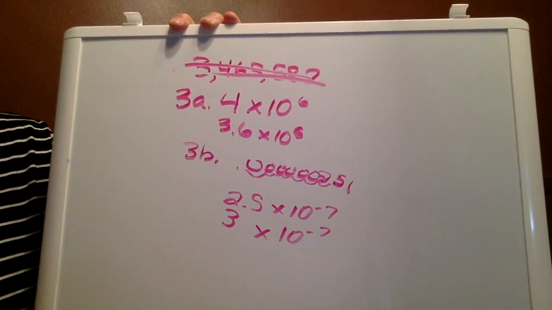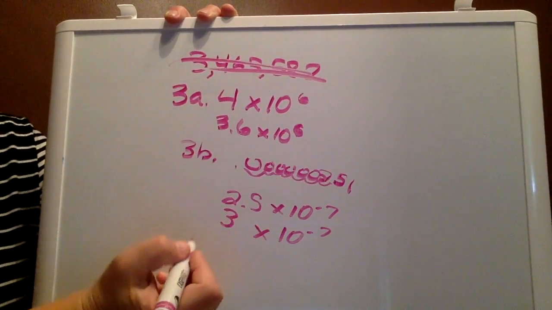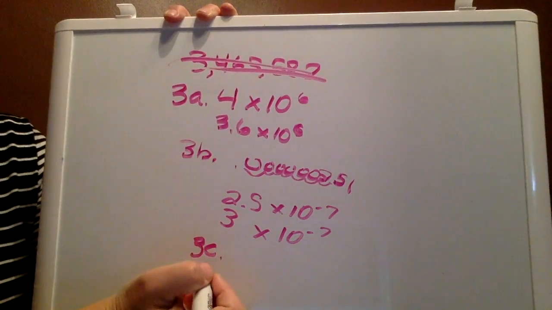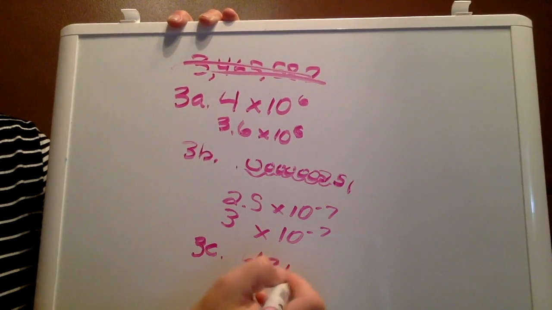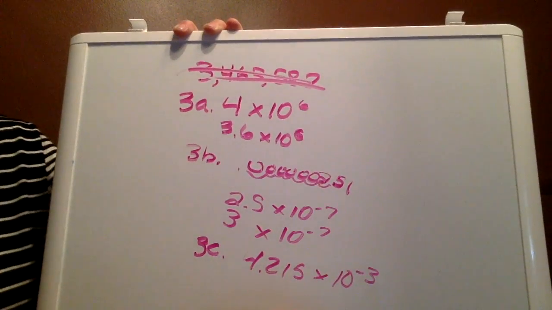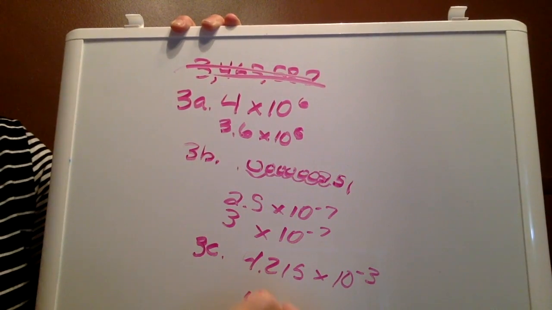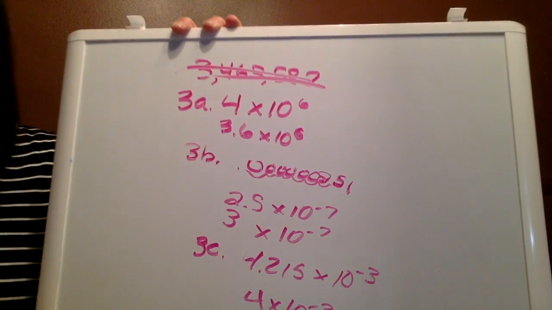Again, we're estimating here, so don't worry too much if you're off on these, as long as you're somewhere within that range. And on 3c, we have 4.215 times 10 to the negative 3, and we could just estimate that as 4 times 10 to the negative 3. That is example 3.